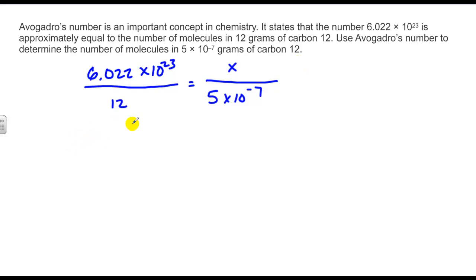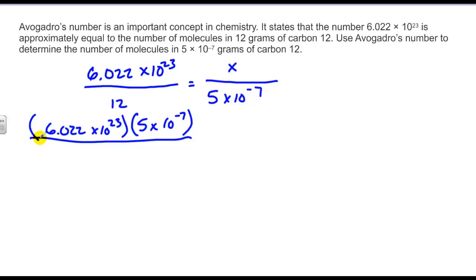So, do my multiplication, and I get 6.02 times 10 to the 23rd, multiplied by 5 times 10 to the negative 7th, divided by 12, and that's going to equal x.